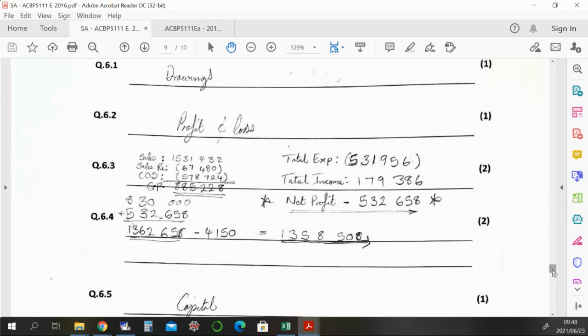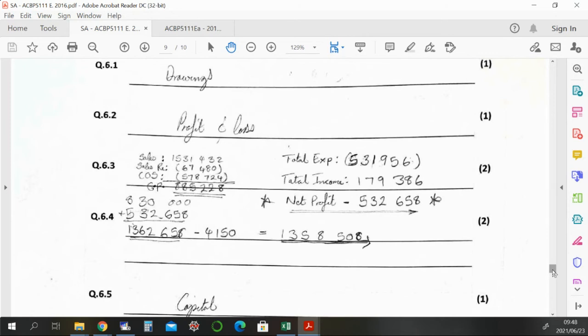Then can you see here I'm adding up what we had on the credit side, and that's how I'm arriving at the 1,300,000 and so on. So that's 6.4. 6.5, we know that's the capital account because drawings is closed off to capital. No problems there, and you're done.